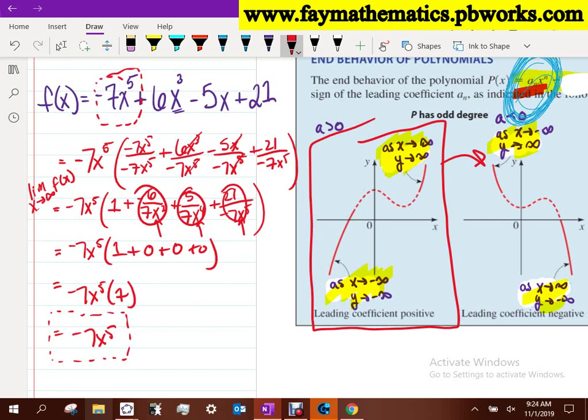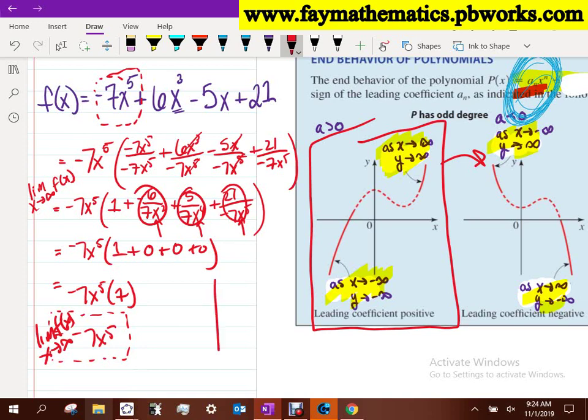What is that function? Isn't that the same thing as the leading term that was up here? So now I'm going to redo this limit again. I'm going to say, limit of f of x as x goes to infinity, and now I'm only interested in using negative 7x to the 5th. If I plug in a very, very large number that's positive, and I raise it to the 5th power, what kind of number do you get back? Positive.